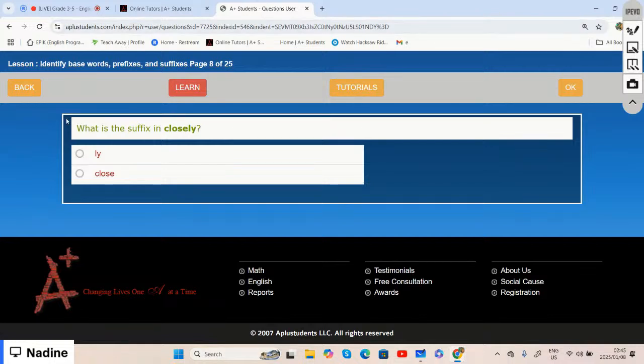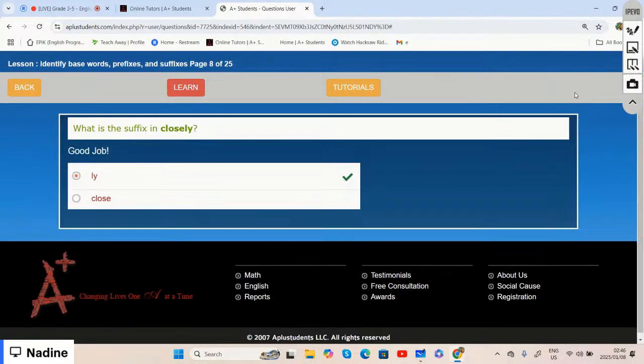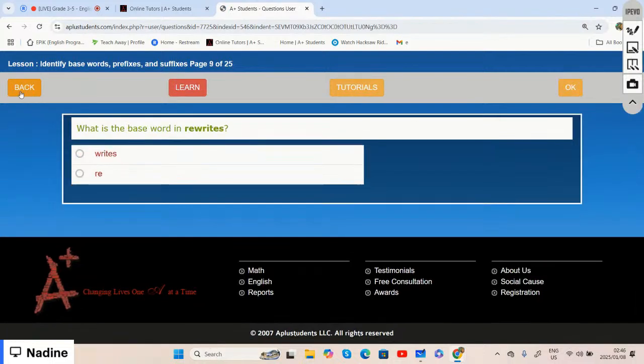If we were to select the suffix, then it is ly. Option one is correct. Well done.